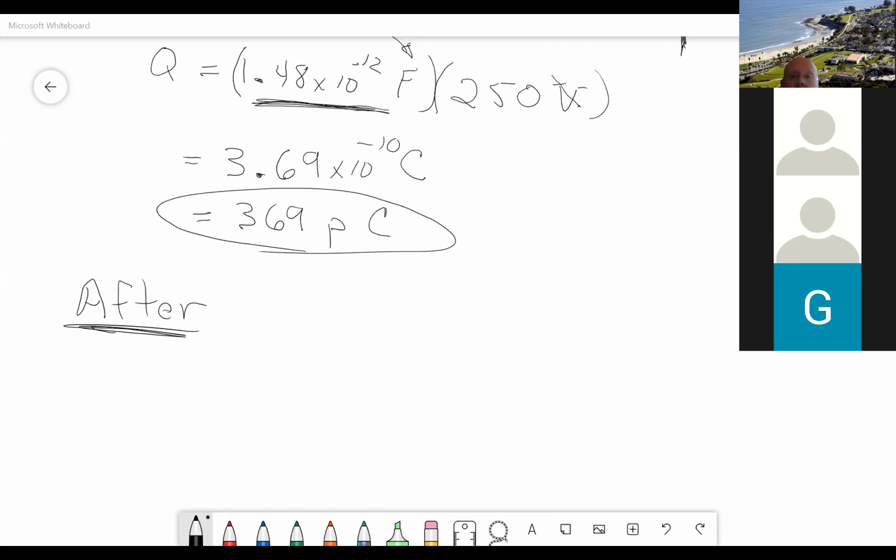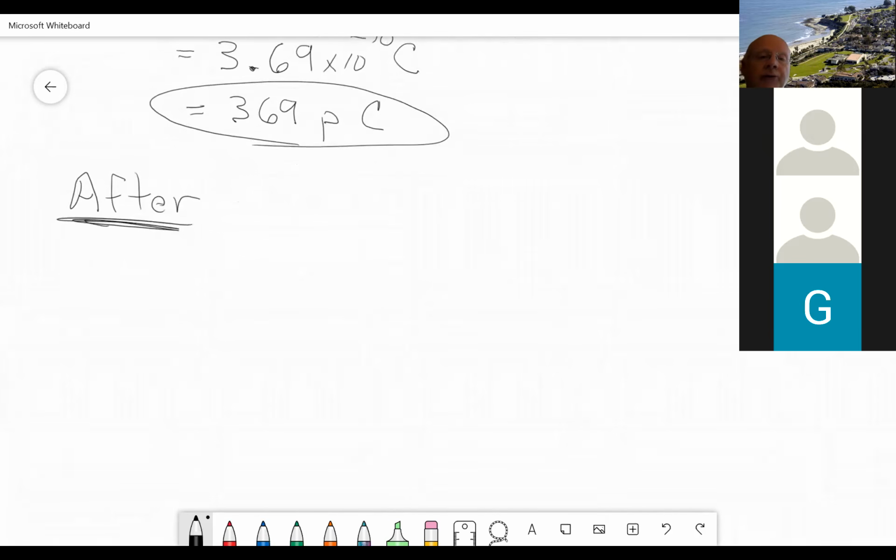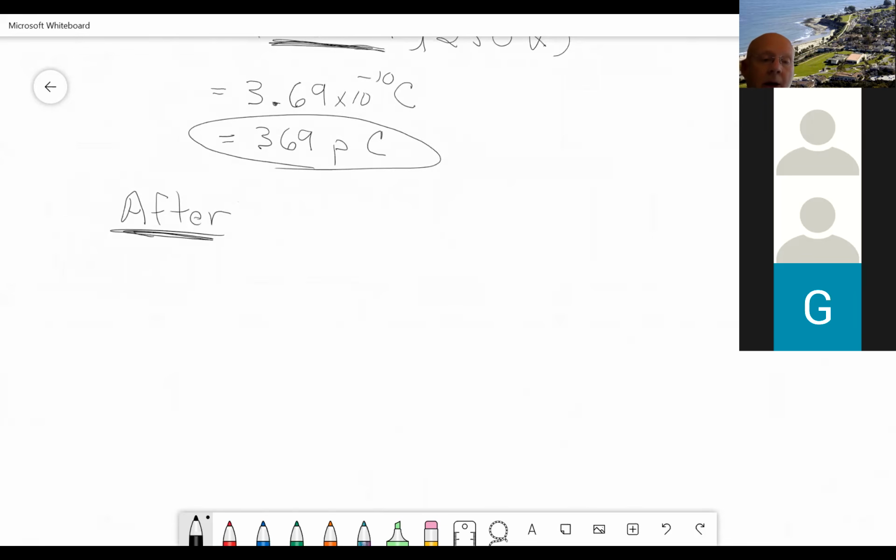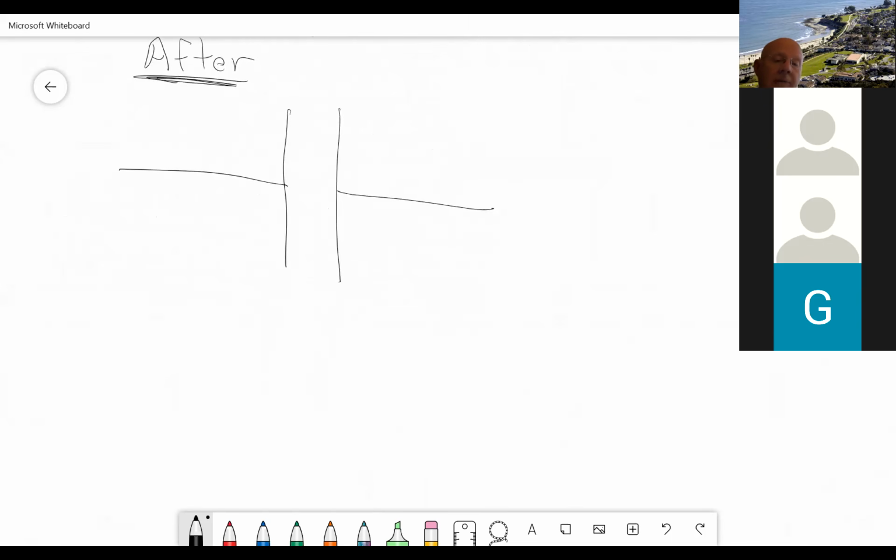from its source. The reason I want to emphasize that is here's what they wanted you to figure out from that. I'm going to put another picture of a capacitor. It would look like this. There would be wires coming off. You would connect it to some kind of power supply.